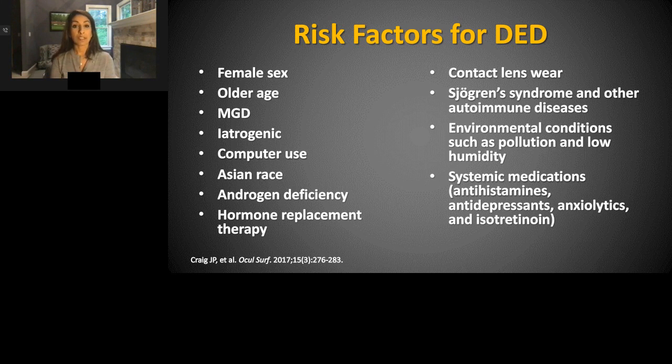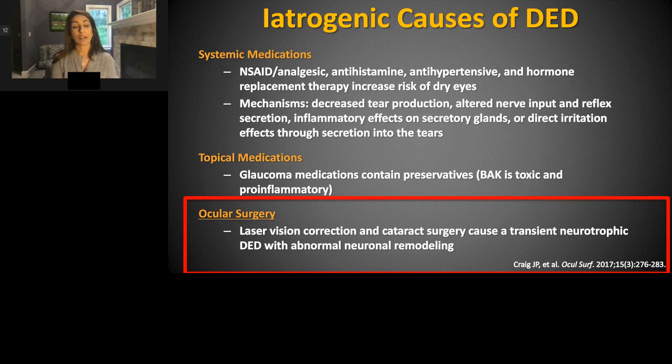MGD is most definitely a risk factor for dry eye disease, and we know the vast majority of patients coming in with dry eye complaints also suffer from MGD. But it's also important for us to focus on iatrogenic causes of dry eye disease, whether it's the medications we prescribe orally or topically. Medications like glaucoma medications are a significant disease burden on the ocular surface, but surgery is a major category.